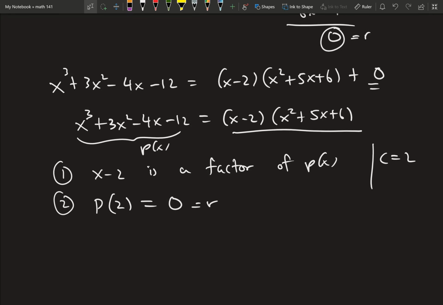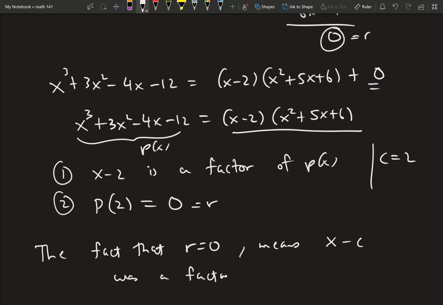And so the fact that r was 0 means that exactly that x minus c, in this case, was a factor of p of x, and p of c is equal to 0.